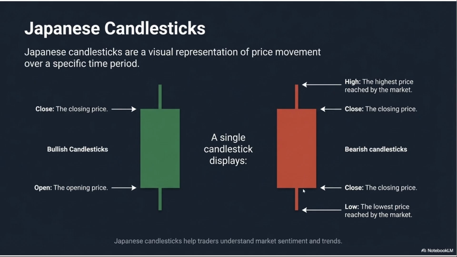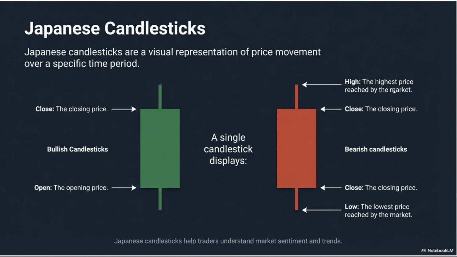Each candle has four elements, and we need to understand these four elements: the high, the open, the close, and the low. I will repeat it. The high is the highest point that the price reached, and the opening price, the price opened from here, and the closing price, and the lowest price that the market reached.